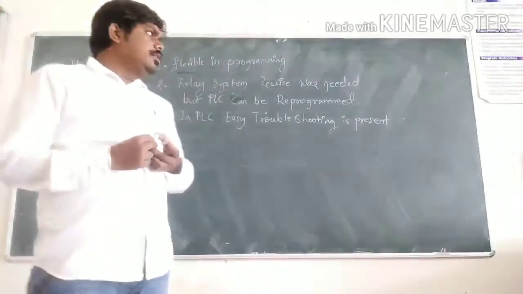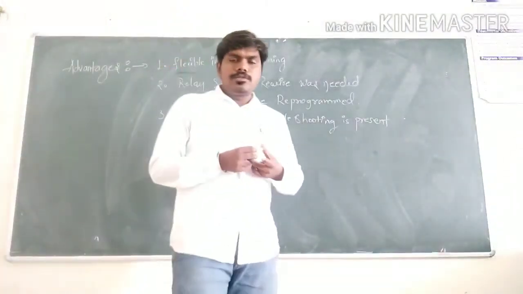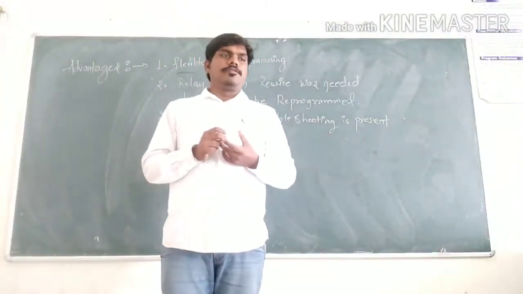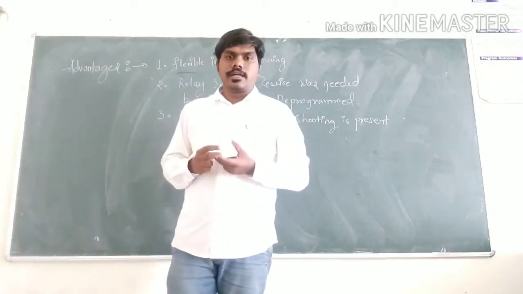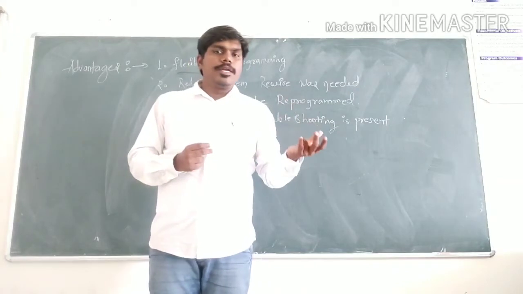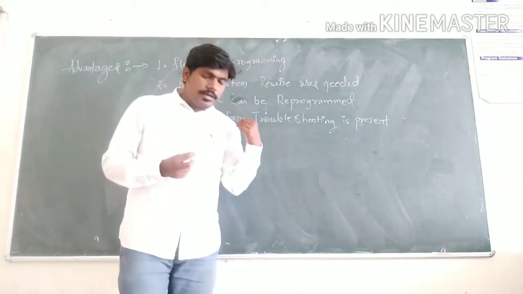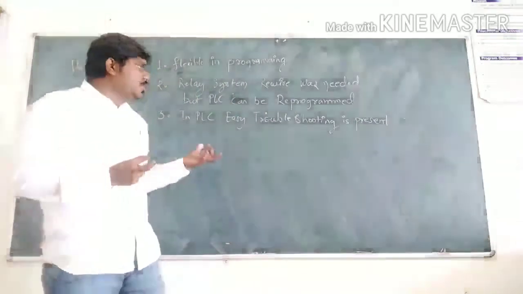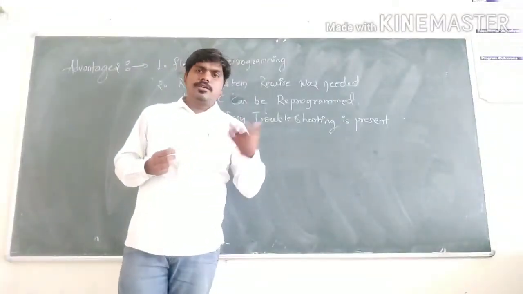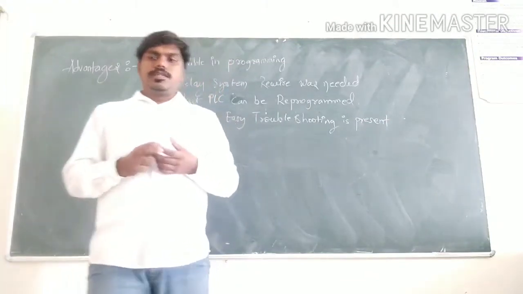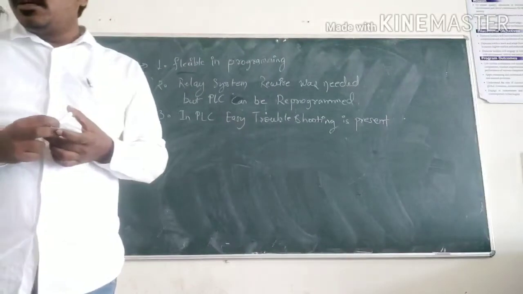Like in our personal computers or laptops, we have a troubleshoot option if any process is not working or an error is occurring. In a PLC also, an automatic troubleshoot option is present, through which you can reset or bring the process to the initial step, so that the process becomes very easy.